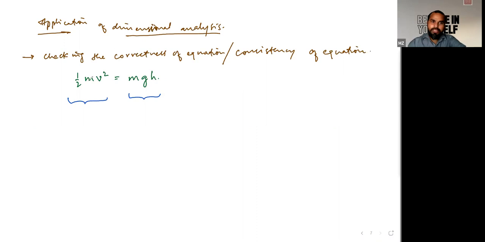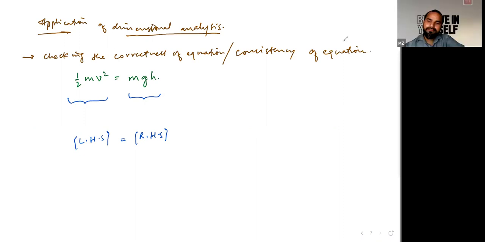If the dimensions on either side, LHS and RHS, are equal, we can say this is a dimensionally correct equation. Is it clear to everyone? Yes, sir.